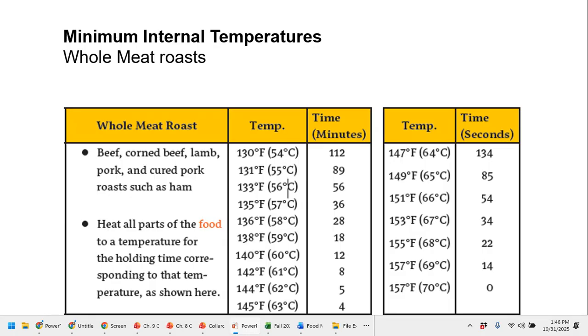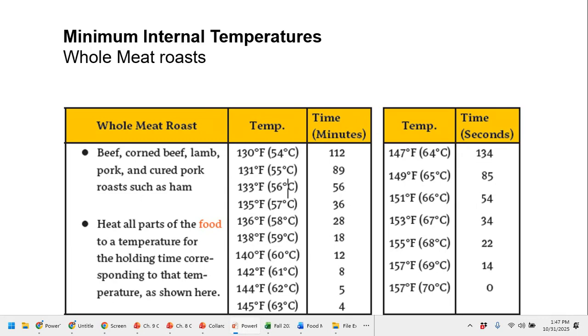So if you look at the very first temperature measure, 130 Fahrenheit, and I have to hold it at 130 Fahrenheit. It doesn't mean I cook it for 112 minutes. It means I cook it till I hit 130, and then I hold it at 130. Is 130 degrees inside the temperature danger zone? Yes, it is.